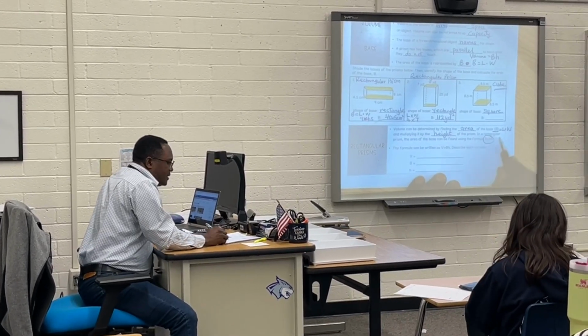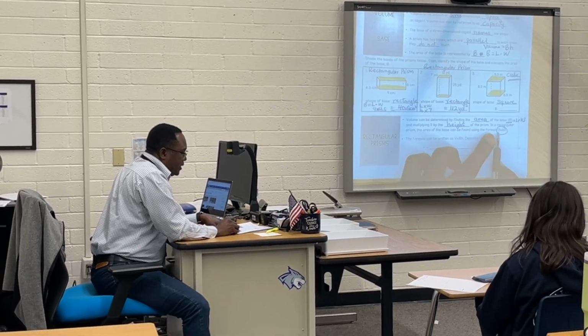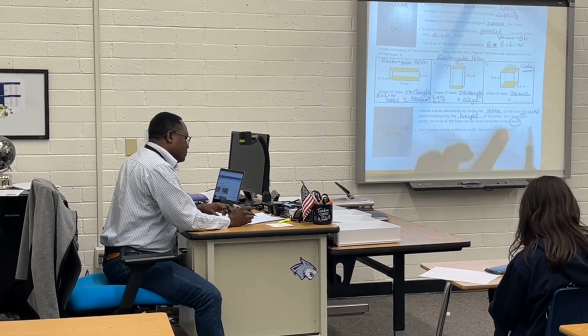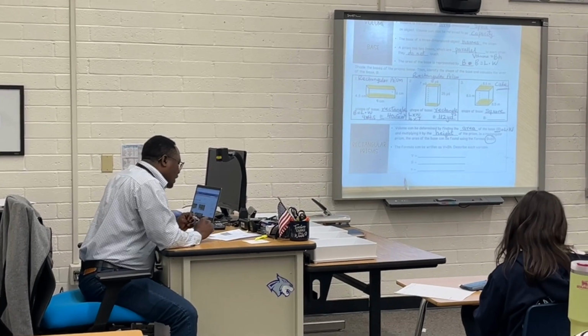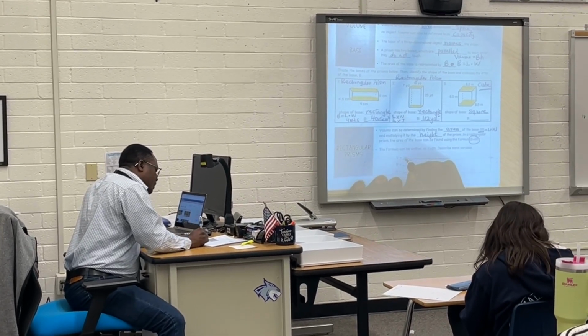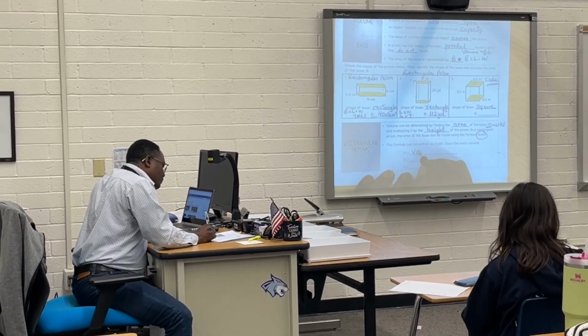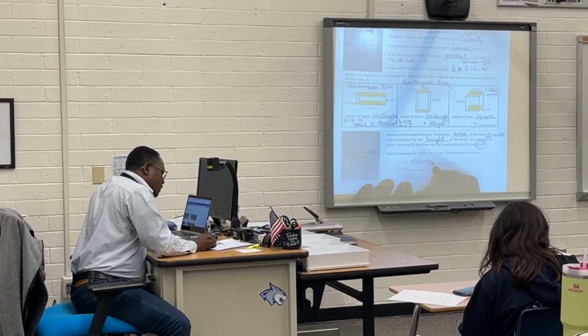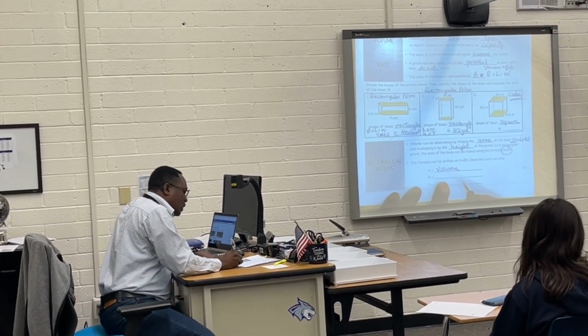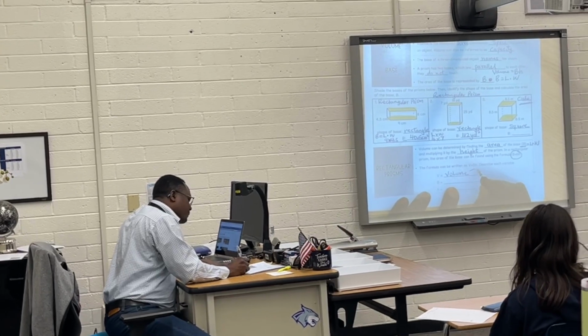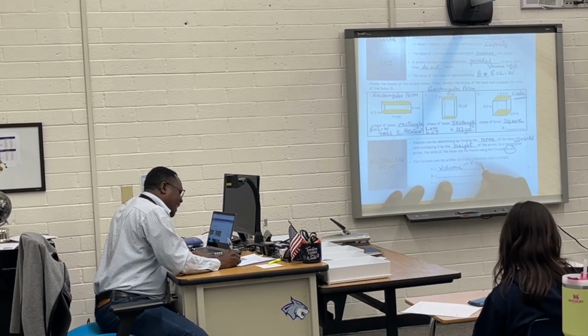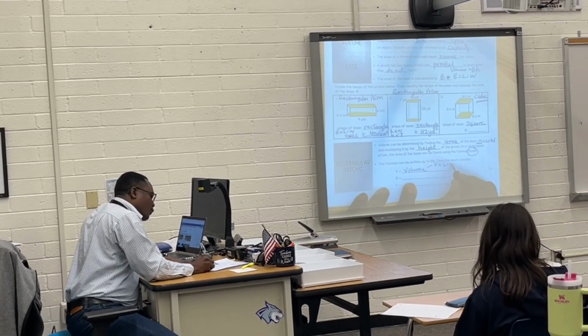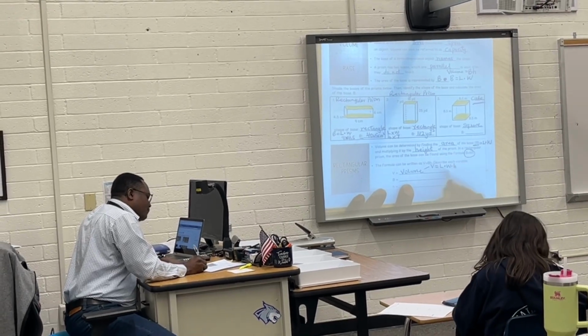So the base we know is going to be there, and this will give us the volume. This V stands for the volume. And the volume is going to be the length times the width times the height.